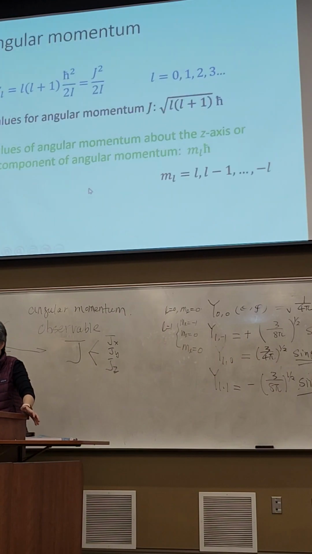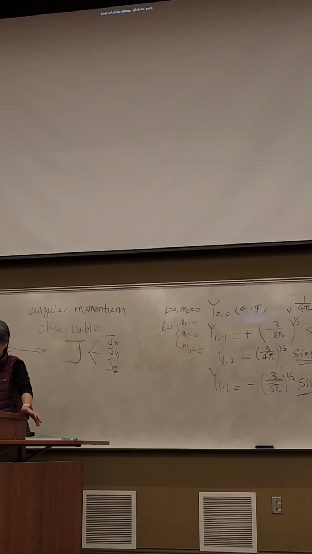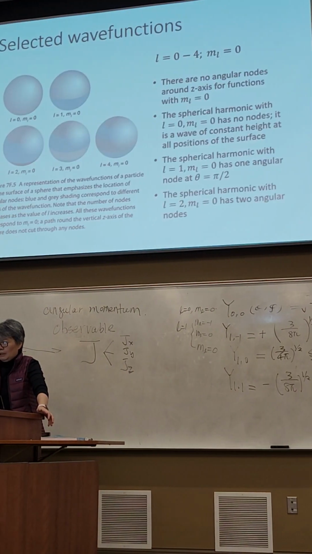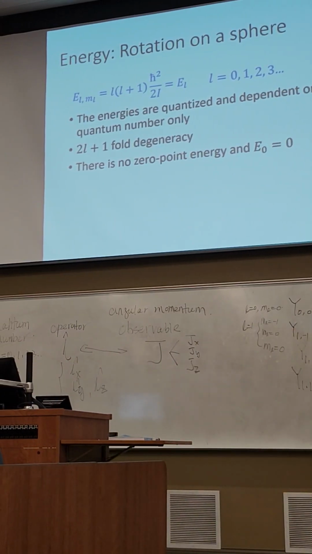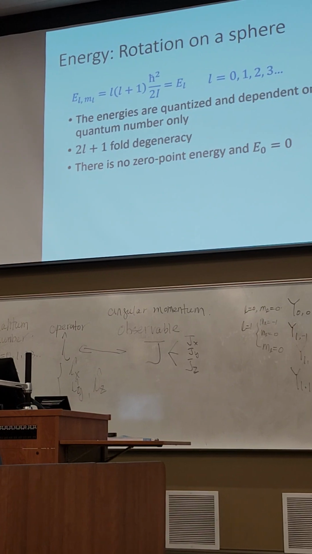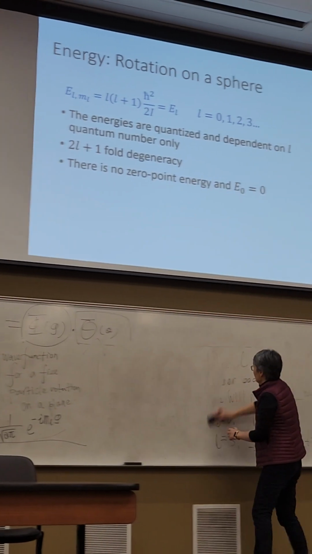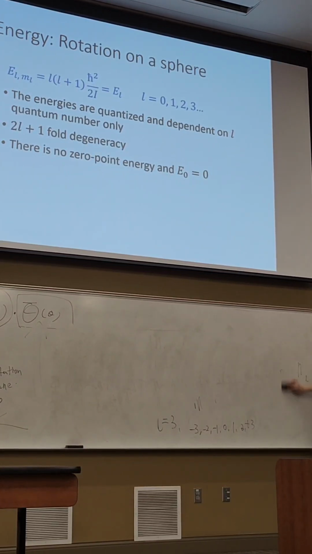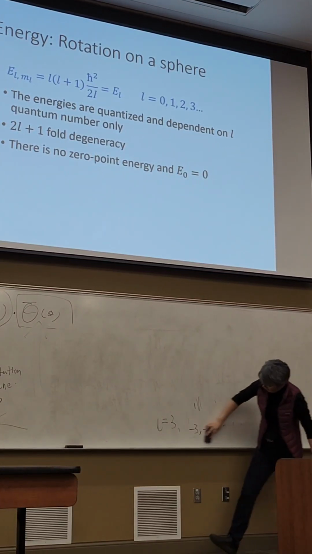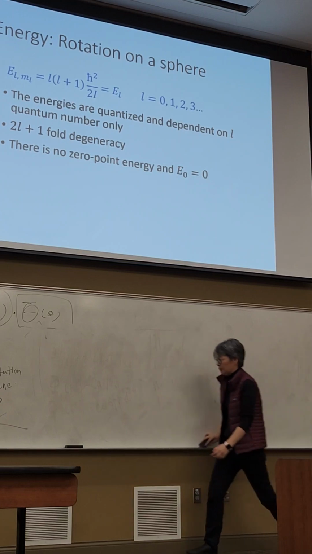So in that regard, we showed what the wave function looks like. Now, can we calculate the energy? So this is an energy expression. Once we have the wave function, the spherical harmonics solution, we plug it back into the Schrödinger equation, and then we get the energy expression.